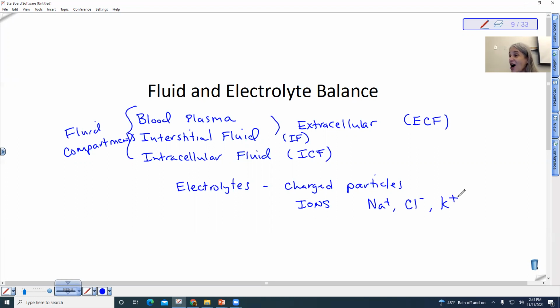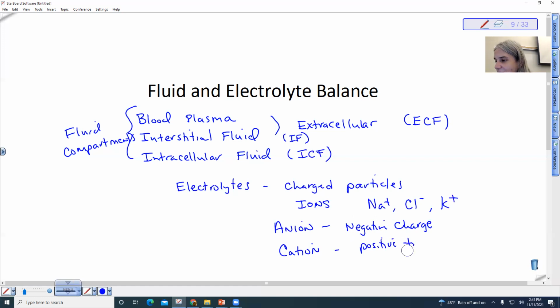If they are a negative charge, they are said to be an anion. Oops, I did that wrong. This is negative charge. Hopefully somebody caught me on that. That's negative charge, and the cation is the positive charge.